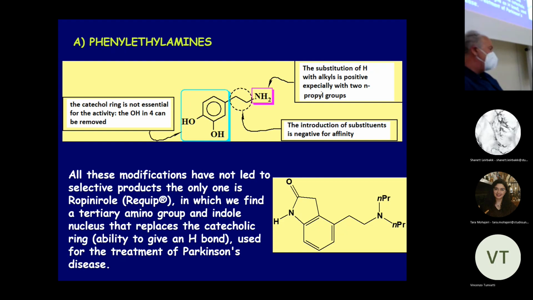If you remember, the catechol-O-methyltransferase, this class of enzymes, is able to transfer a methyl group on the OH in meta position, and this means that the most important OH is the OH in meta position, because the enzyme attacks this OH.